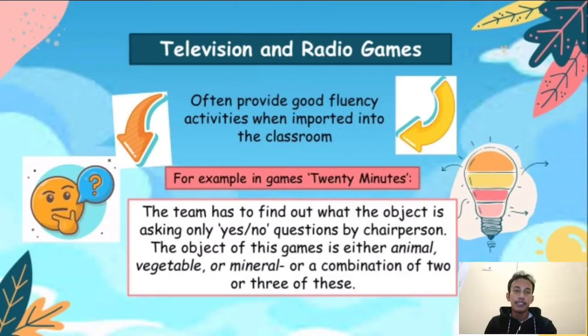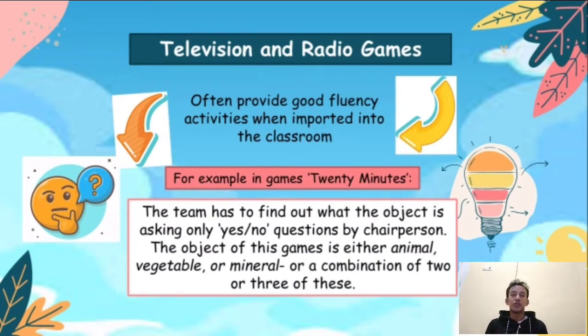Okay, next, it's about television and radio games. Television and radio games imported to the classroom often provide good fluency activities, as the following examples demonstrate. In 20 Questions, the chairperson thinks of an object and tells a team that the object is either animal, vegetable, or mineral, or a combination of two or three of these.